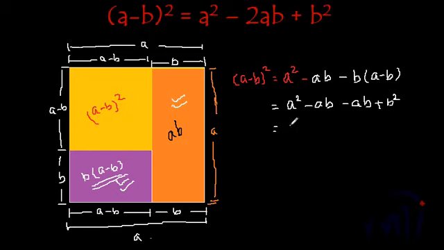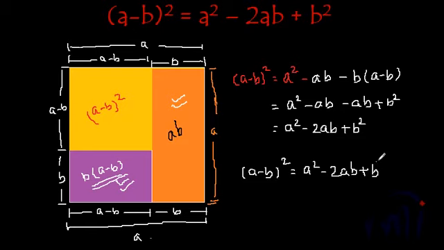So this can be written as a square minus ab minus ab is minus 2ab and then plus b square, right? And this is the formula of (a minus b) whole square. (A minus b) whole square is equal to a square minus 2ab plus b square, right? So this is a geometrical representation of (a minus b) whole square.